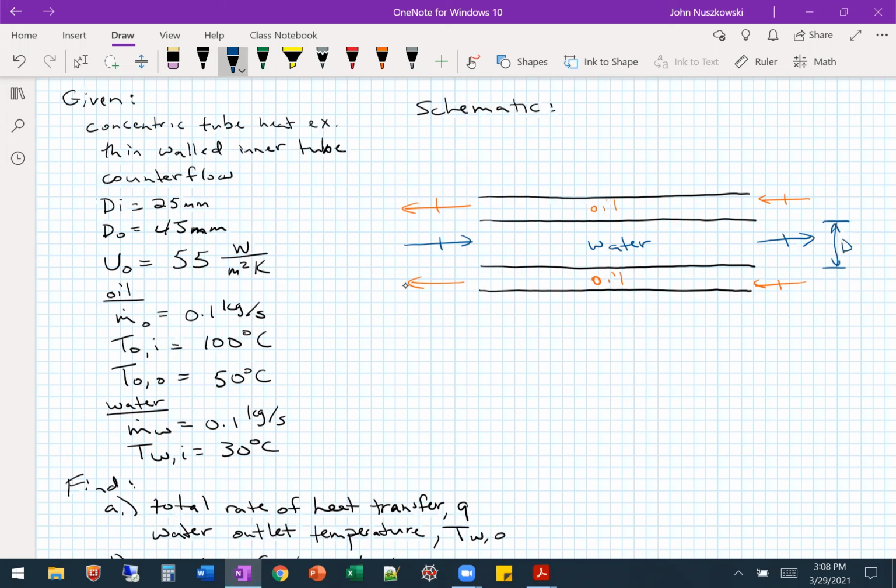The inner diameter was given and the outer. All right, assumptions. Let's do steady state.